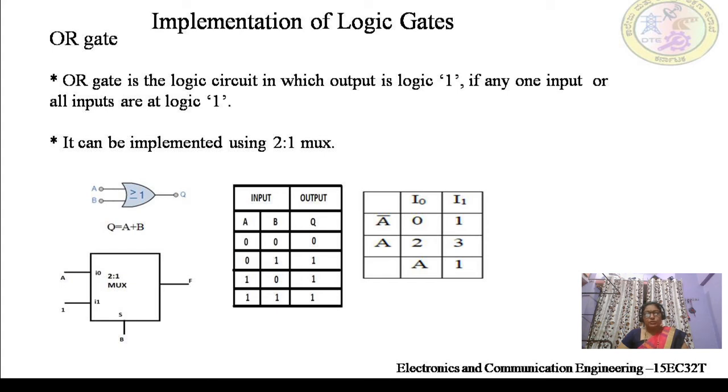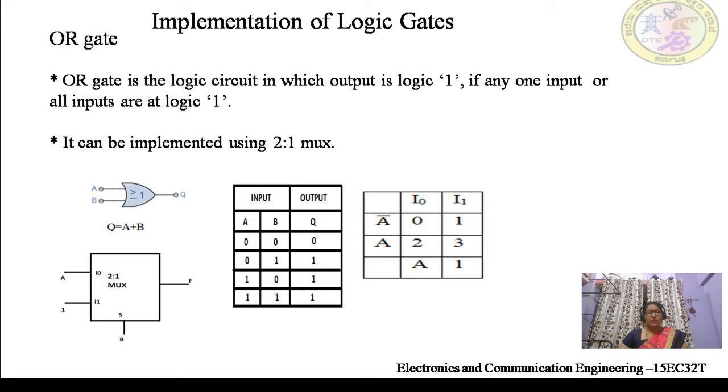So it has only 2 columns, which represent the 2 inputs I0 and I1, and there are 2 variables in the expression. So I have to use one variable as the select input and the other variable as the input. I can use B as the select input and A as the input variable, or I can reverse: A can be used as the select input and B can be used as the input variable.